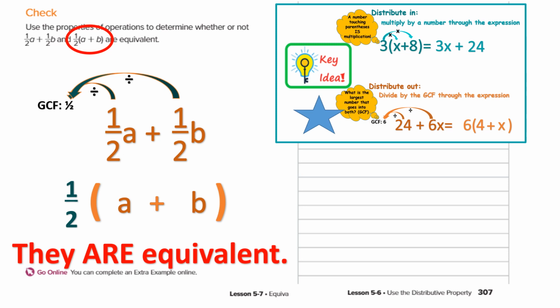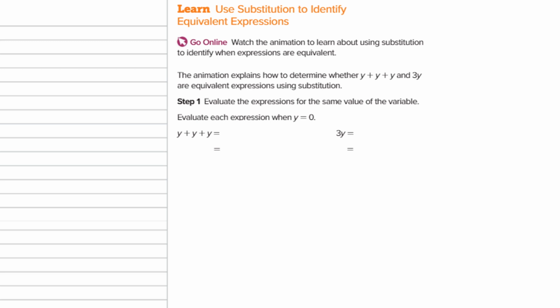Hopefully this seems really easy so far, because it should be. Well, what about this scenario? All right, so it says that we have y plus y plus y and 3y are equivalent expressions. Is that true? Well, these are like terms, and they have that understood coefficient of 1, right?